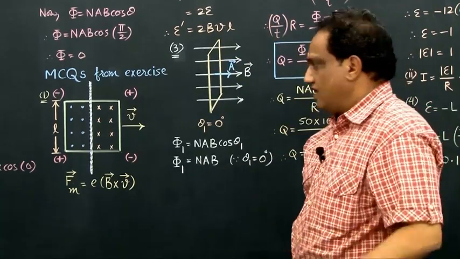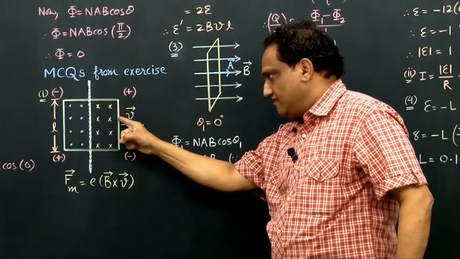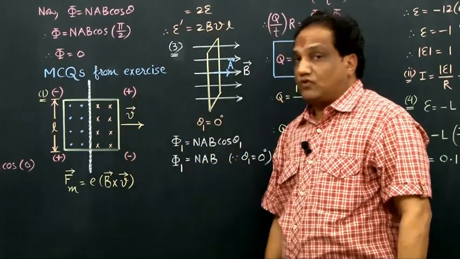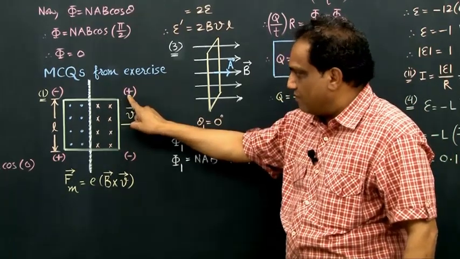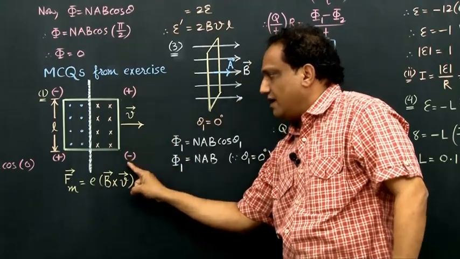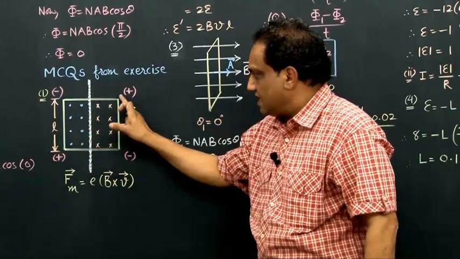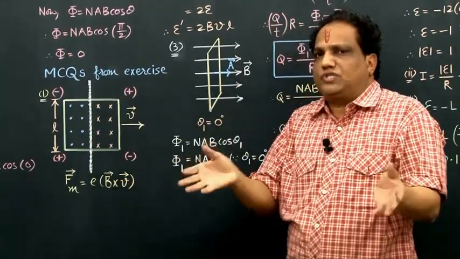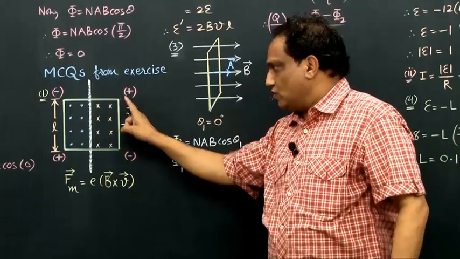So the direction of magnetic force exerted on electrons in this wire is vertically downwards. So this end after losing electrons will become positive, and this end after gaining electrons will become negative. And here also the length is L, so the same magnitude of induced EMF you will get here also.